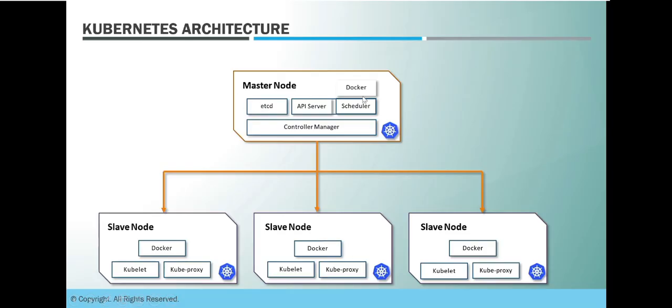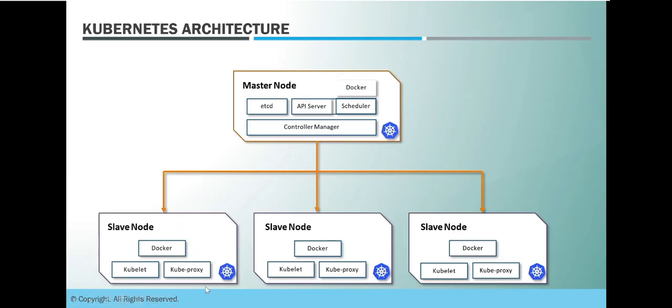So master nodes have one container engine, one etcd, API server, scheduler, and controller manager. So majorly we have 5 components inside the master node. Similarly, every slave node deployed needs to have 3 components: one container engine like Docker, one kubelet, and kube-proxy.